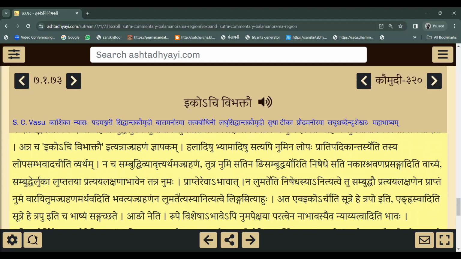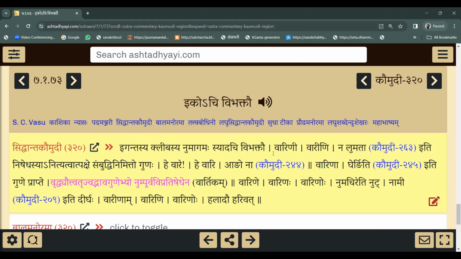That is the linga, that is a sign to show that Na lumata angasya is anityam. Okay, I just copied the statement of the Siddhanta Kaumudikara.